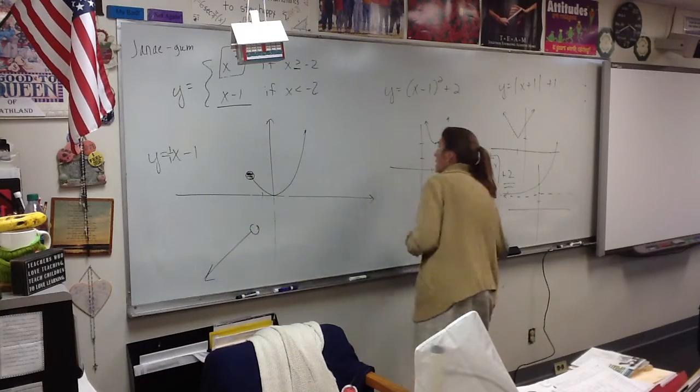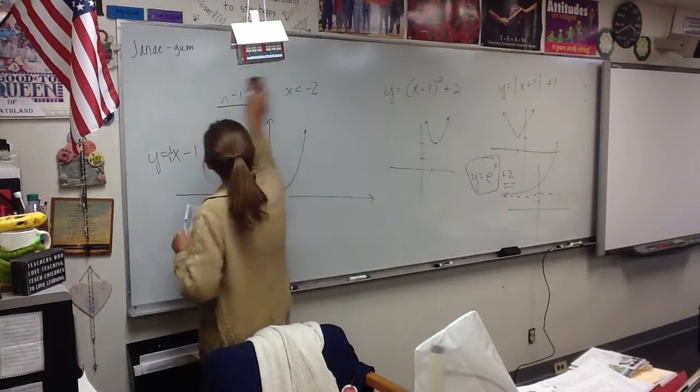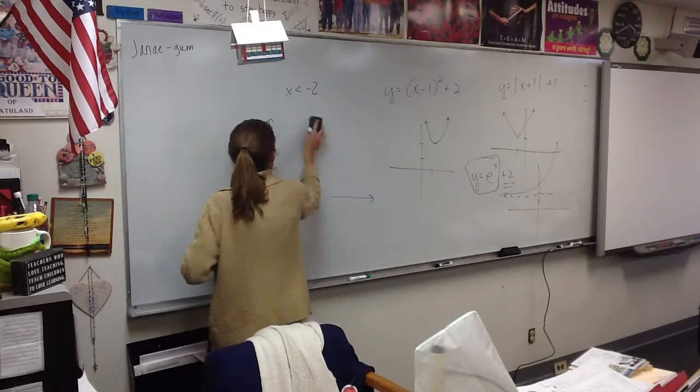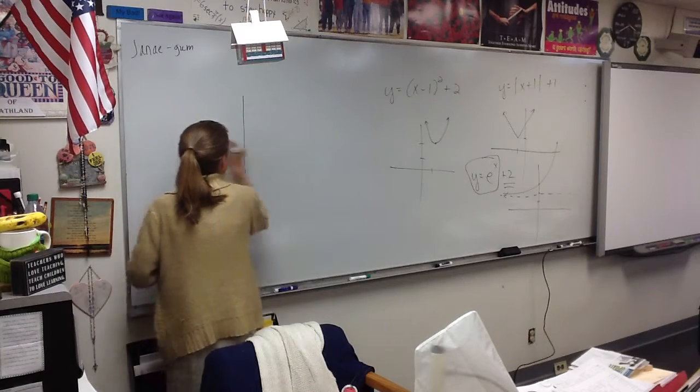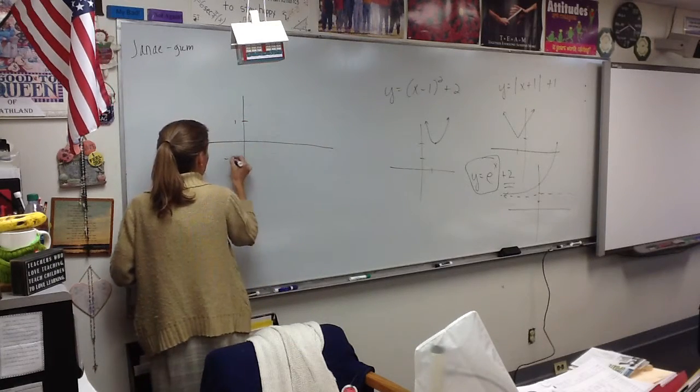Oh, this is a cosine, and these are the ones that sometimes mess us up if we're not careful. So I'm going to go ahead and draw my regular cosine curve.